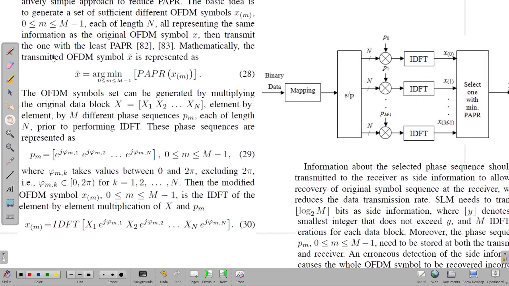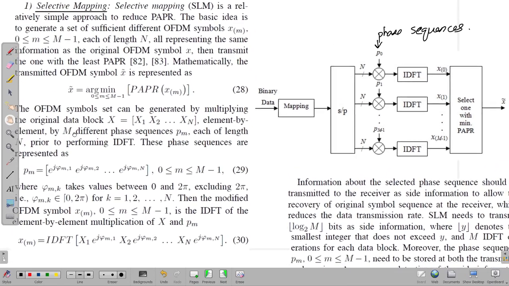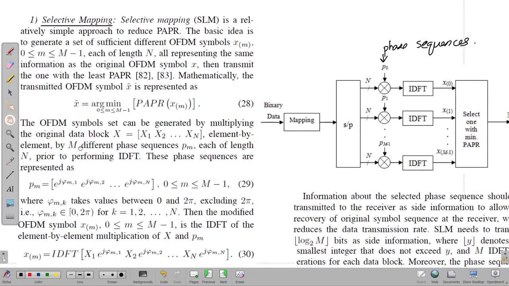So let me brief you about how these sequences look. These are basically phase sequences, P0, P1 up to P(M minus 1). Which means their magnitude is unity. It doesn't add power to the signal.